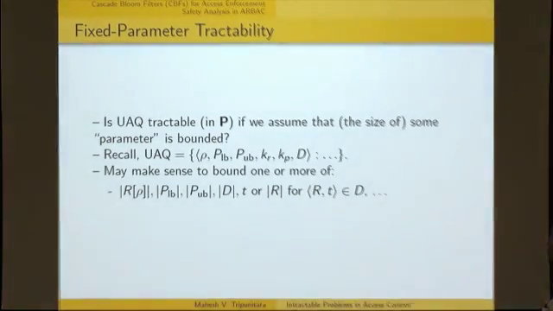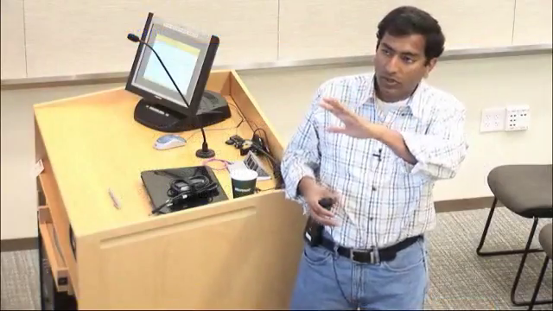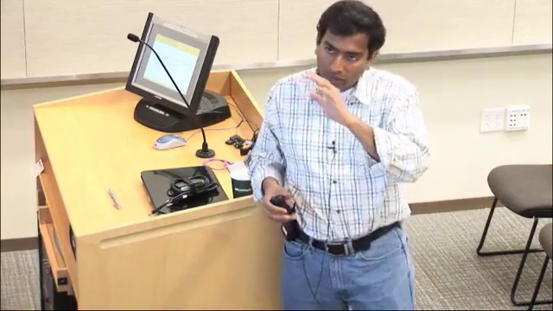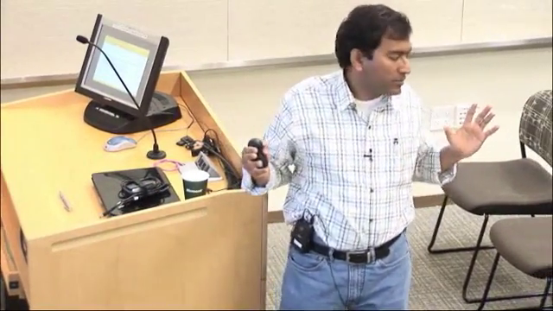Okay, now fixed parameter tractability, I'm going to be a little bit informal. The theory is much richer than what I suggest here, so if you're familiar with it, forgive me. The only question that I'm going to ask is whether the problem is in P if we assume that some parameter is bounded in size. What is a parameter? Well, a natural parameter may be something in the input.